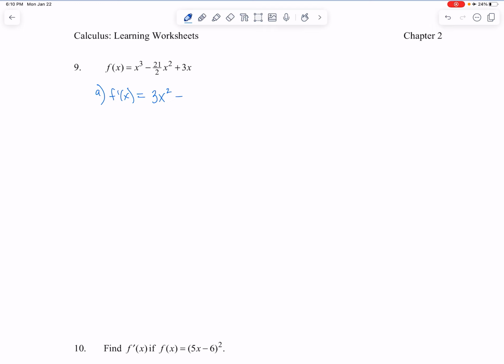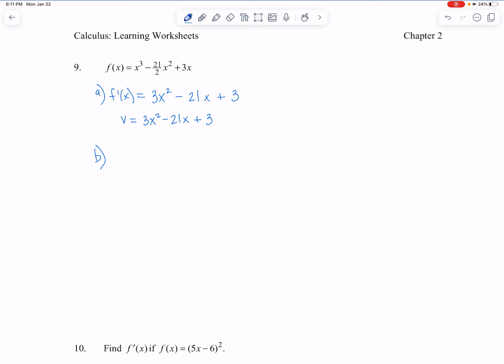Then 21 over 2x squared, so we bring down the 2, then we have 21x minus 1 is just a 1. Derivative of 3x is 3. Okay, and they are calling this v: 3x squared minus 21x plus 3.